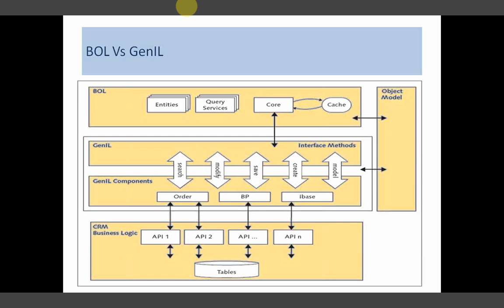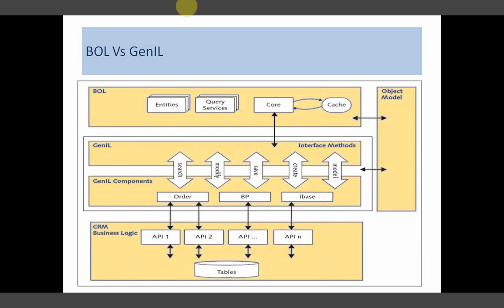GENIL will interact with the BOL through the interfaces. In object-oriented programming, an interface always acts as a communicator. GoToMeeting is a communicator between you and me; the interface is GoToMeeting. That's why object-oriented programming has a lot of flavor, because you can relate it to real time.